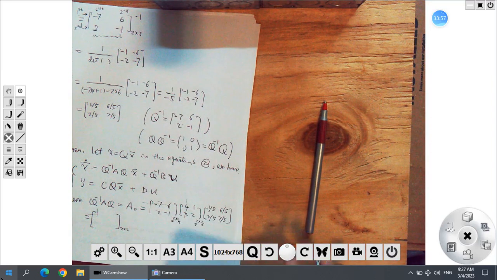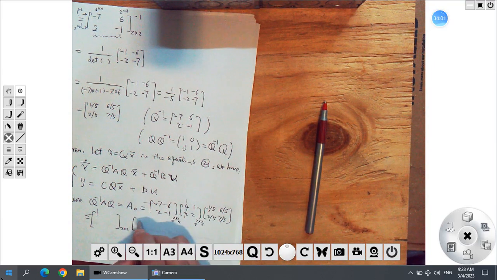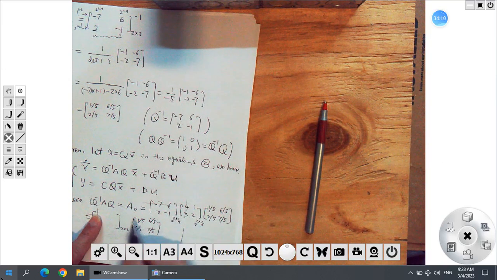I can just put it here. I copy this one, 1/5, 6/5, 2/5, 7/5. Okay, here I do the calculation. This element is this one times this one, -28. Then 3 times 6 is plus 18, so I have -10.